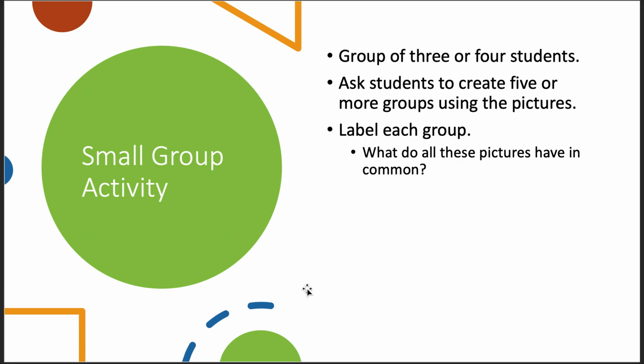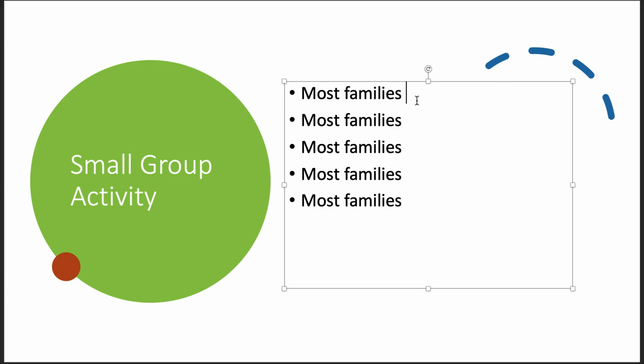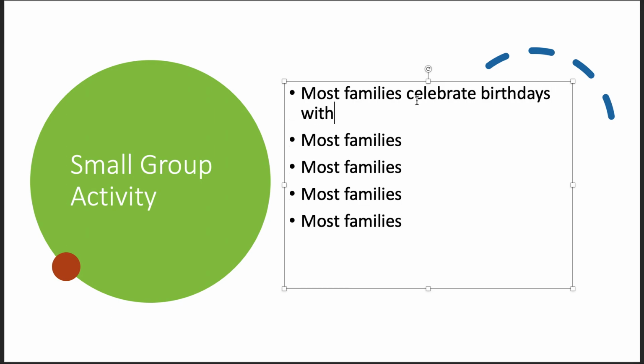After the activity is done where they have grouped their pictures into 5 or more groups, you're going to ask that the whole class is going to come up with sentences for each group. So there could be some different groups, but you're going to go with maybe the most 5 common ones. Saying like, most families celebrate birthdays with cake.